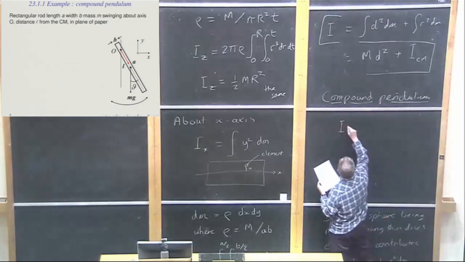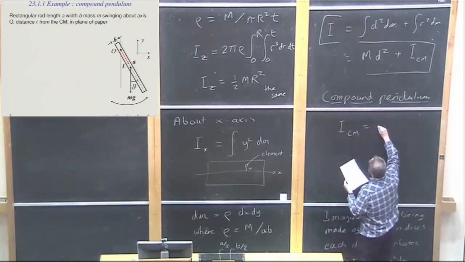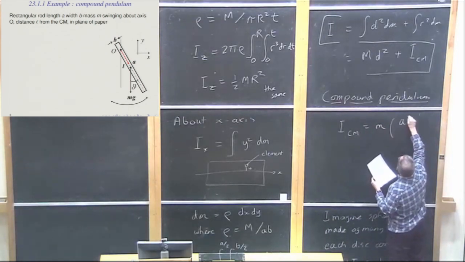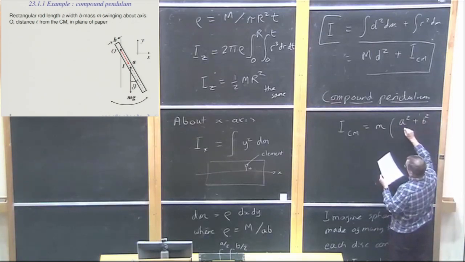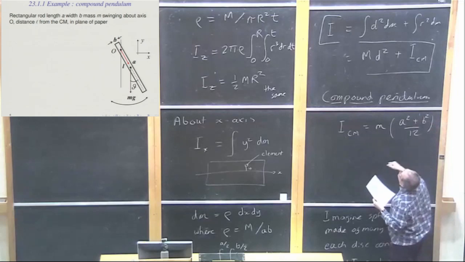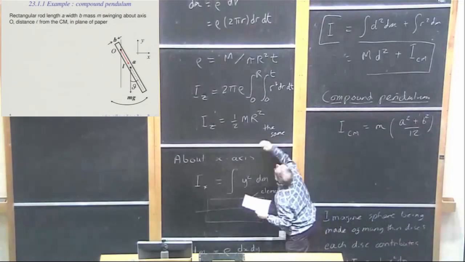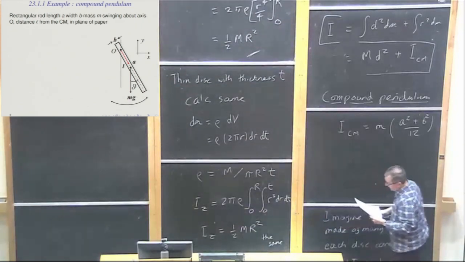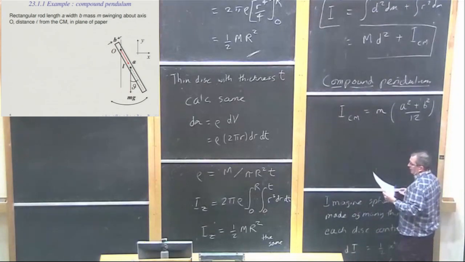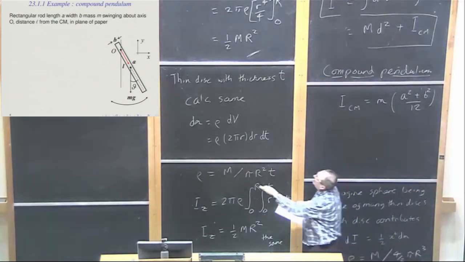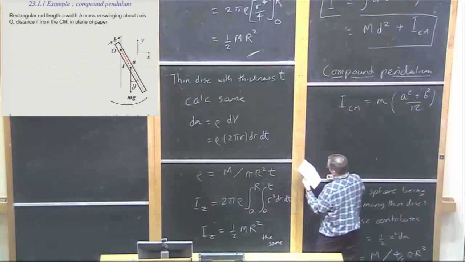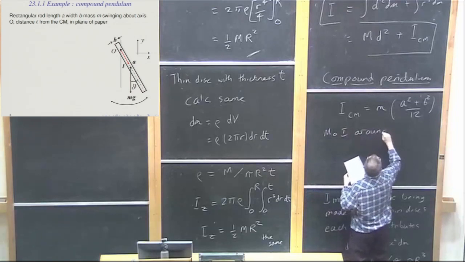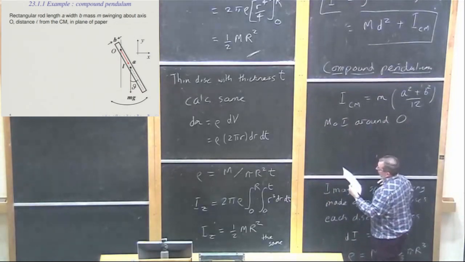So the moment of inertia around the centre of mass is m, we're using little m here, times a squared plus b squared over 12. So this is a result we had earlier. Let's see, how much earlier was it? Yes, it's at the top of the board. Now we want to know a moment of inertia around O. So here we can use our new friend, the parallel axis theorem.